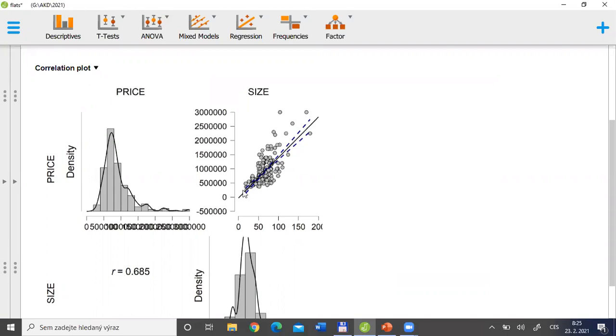I'm sorry, can I ask, please? Yeah, of course. I don't have the latest version of JASP, so I don't see the regression lines in my outputs. Yeah, but that's not a problem. We will not discuss it in detail, but if you have this version, you should know that this is the confidence interval. Okay, thank you.